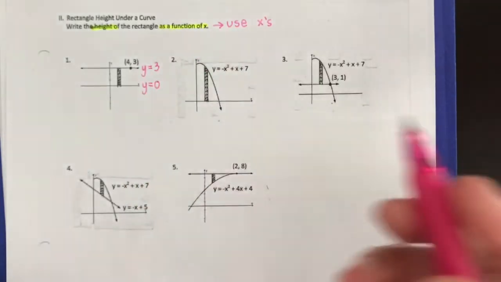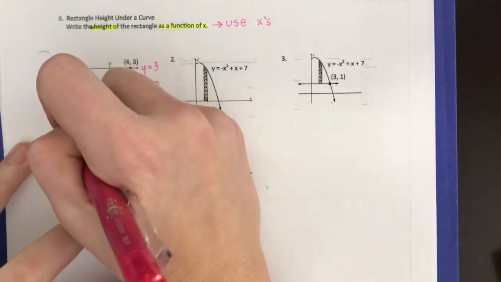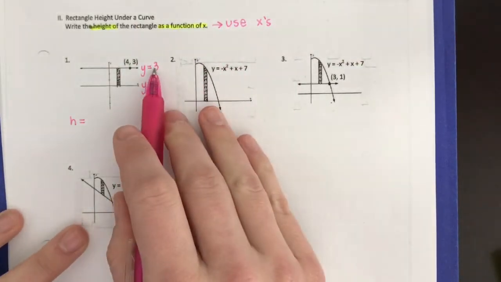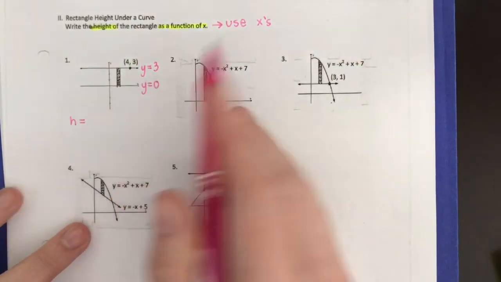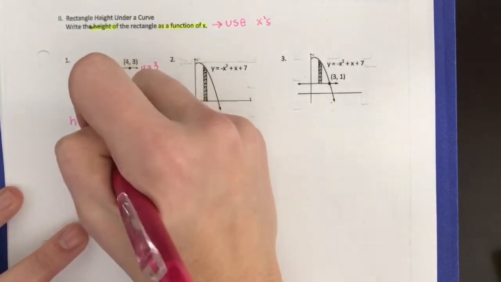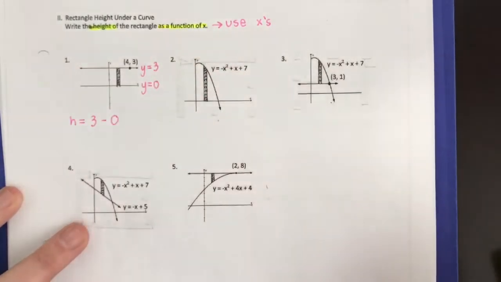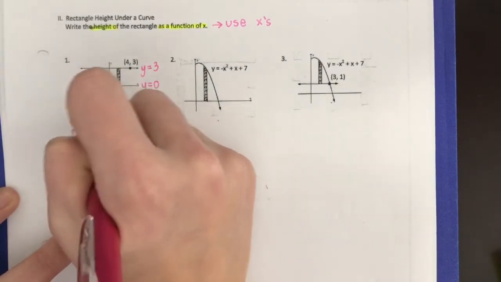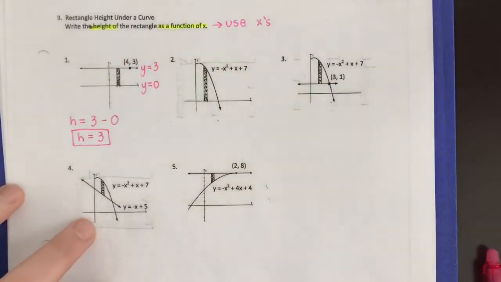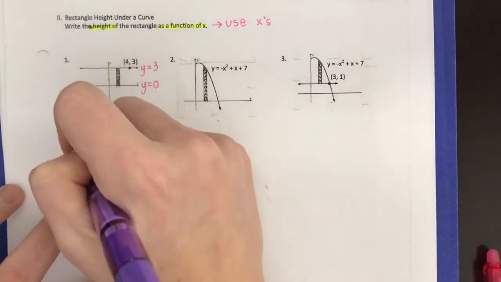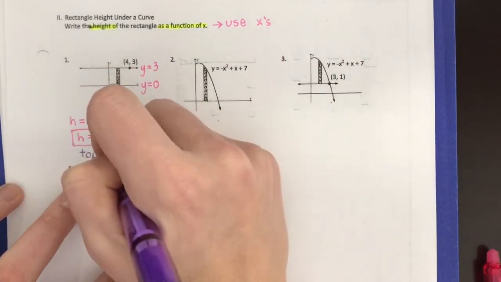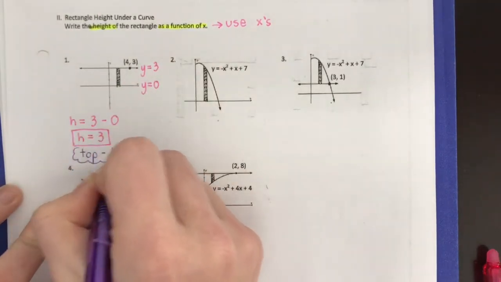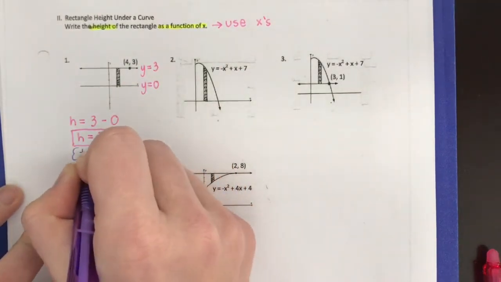And to find the height, you would say h equals, and you will take the top function and subtract the bottom function. So in our case, 3 minus 0. Okay, so the height equals 3. So you do top minus bottom. Top function minus bottom function, or equation.